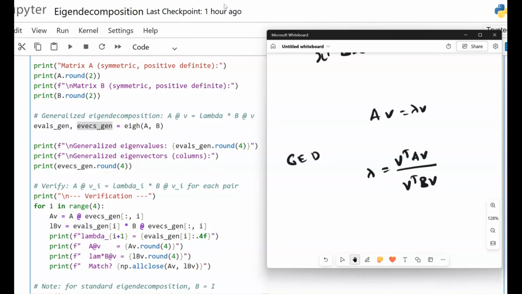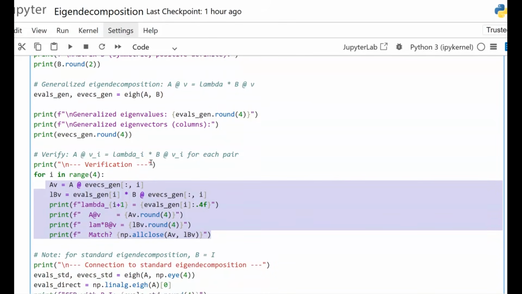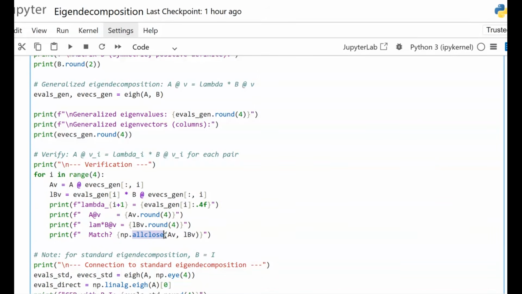And yes, we are going to have a verification check with this loop. By using the allclose functionality, it is going to check the equation A times V sub i equals lambda sub i B times V sub i. And here kindly just observe, this allclose check confirms numerical correctness.